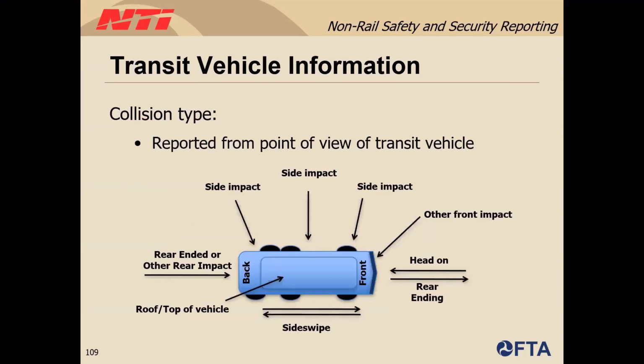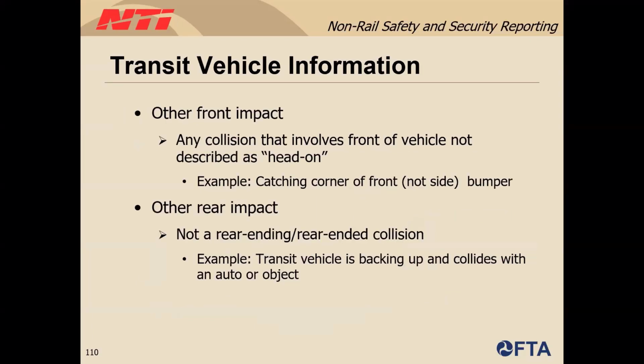This diagram shows most of the impact points, which are reported from the point of view of the transit vehicle. We'll look at these options in more detail. Other front impact is used when the front of the transit vehicle is impacted, but not when it would be considered head-on or rear ending.